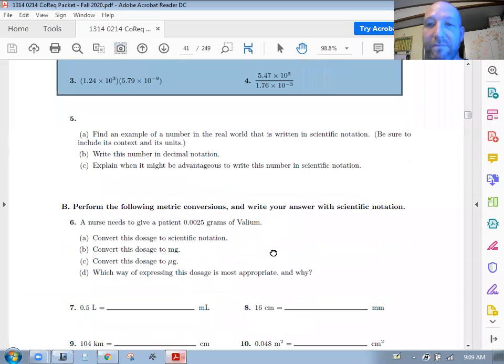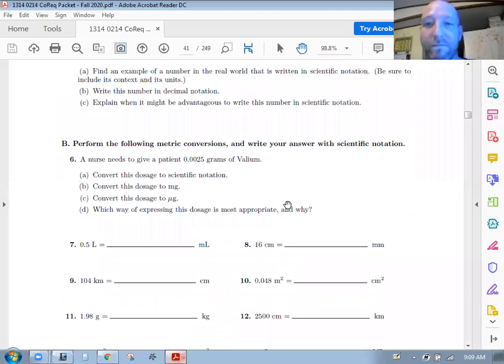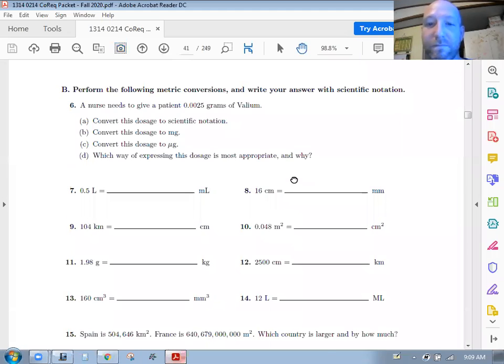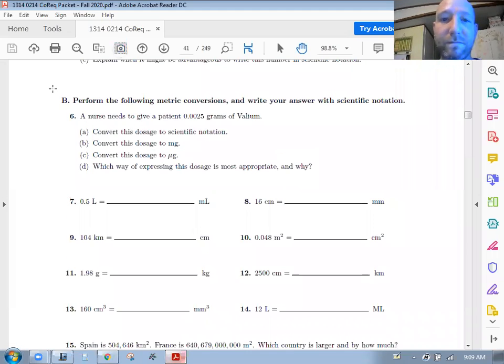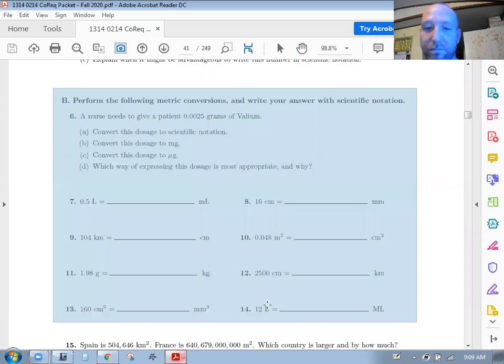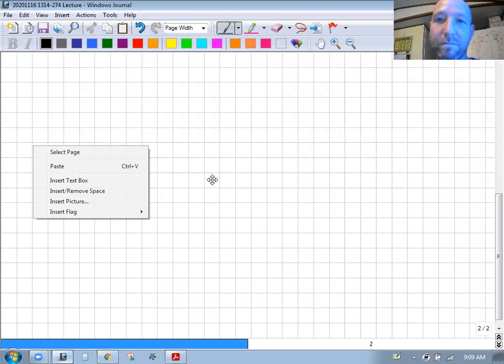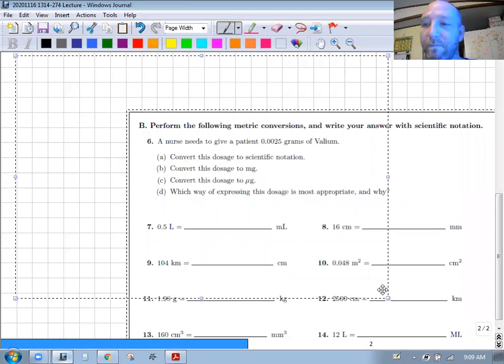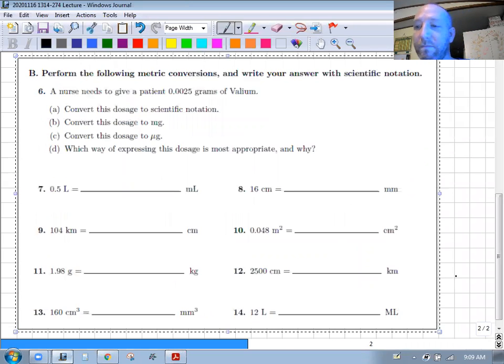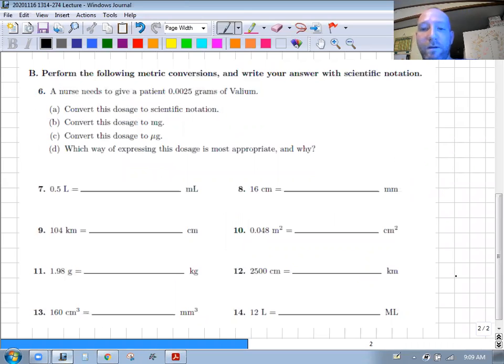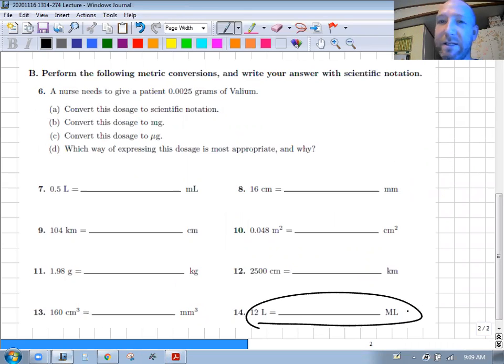Let's see. We're going to need our conversion chart. I'm not sure if I remember all these. Like, what is that, a megaliter?